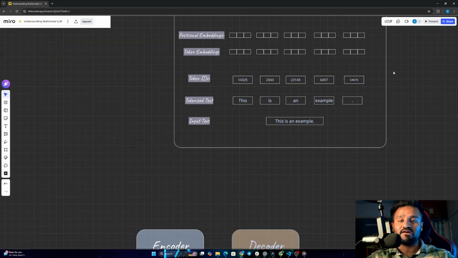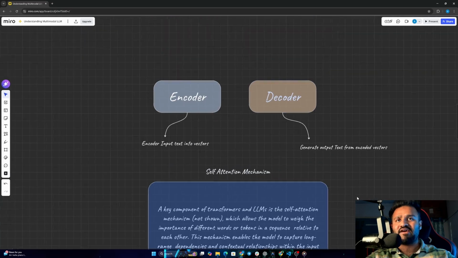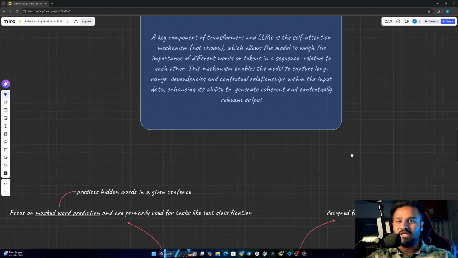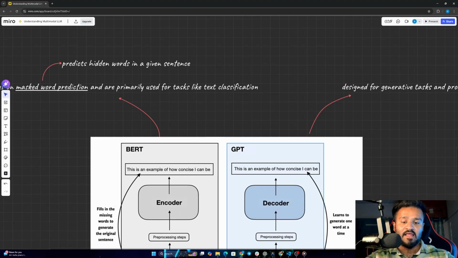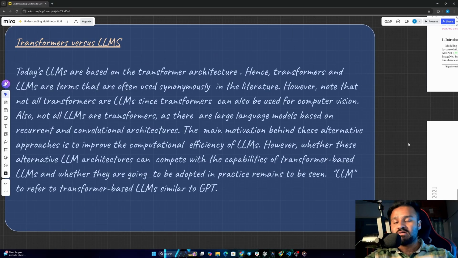After that we saw the self-attention mechanism and why it is so important in the transformer architecture. Then we saw the encoder and decoder parts, and that GPT uses the decoder part of the transformer block, and BERT uses the encoder part. And then we saw that transformers and LLMs are not equal.